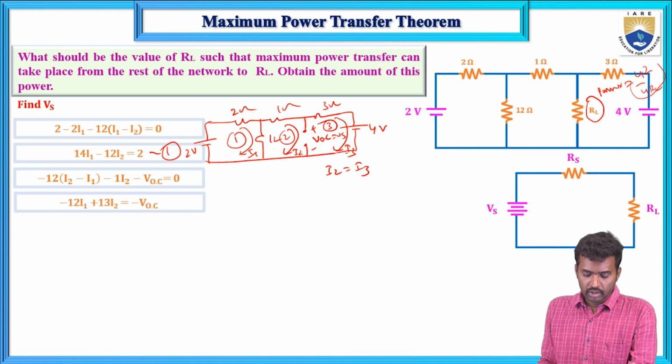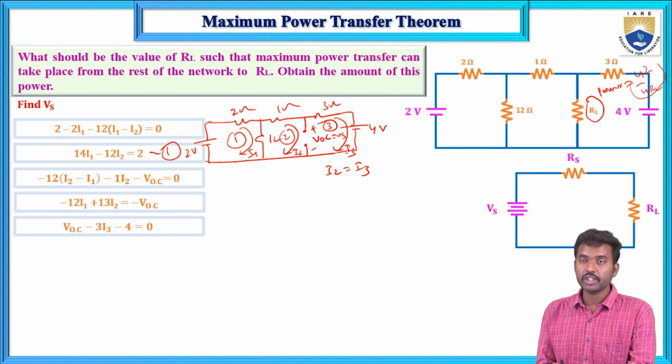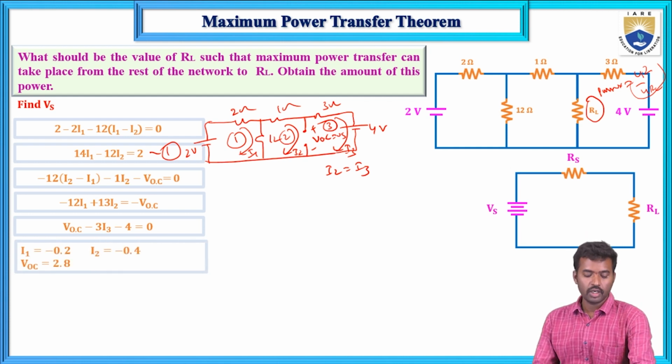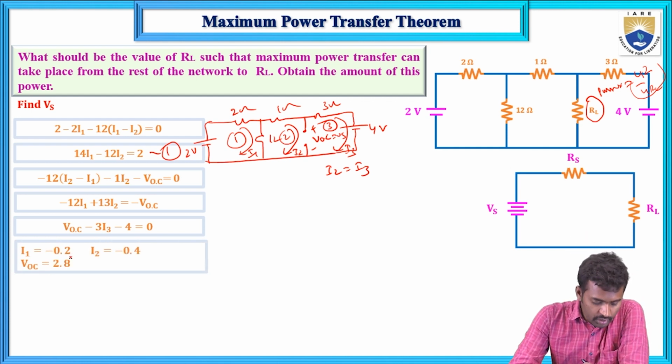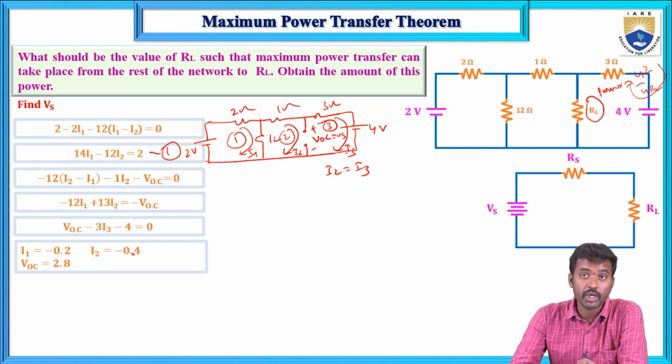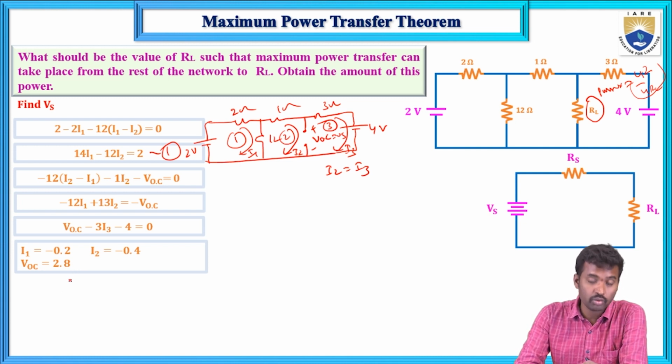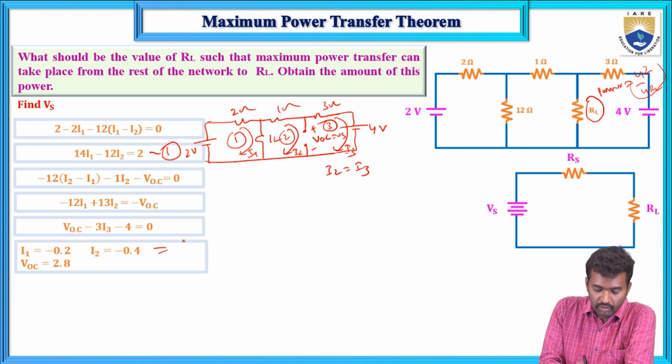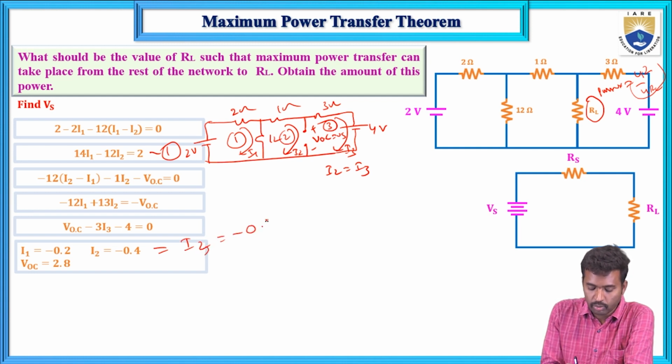The third mesh equation involves VOC, minus 3 I3 and minus 4 volts equals 0. The solution for this is I1 equals minus 0.2, I2 equals minus 0.4 and VOC equals 2.8. Here I2 equals I3 also, minus 0.4 amperes.